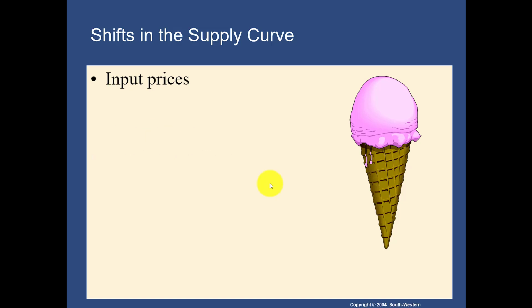We have input prices. Now, how can input prices affect the amount that someone can supply? Well, it's simple. Let's say that you are a farmer producing carrots, and you can produce 100 bags of carrots for, let's say, $1 per bag. But then what happens if the price of carrot seed goes up to a point where you can no longer afford the 100 bags anymore?